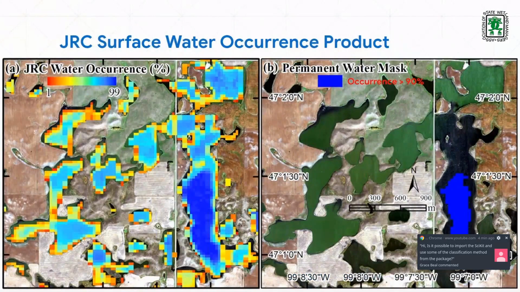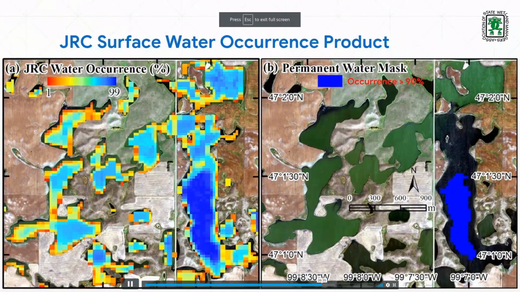Here are some images of what the JRC product looks like. On the left side is the water occurrence, showing, for example, the past 35 years, with pixel colors ranging from red to blue, so you can see the gradient. Blue represents pixels detected more often as water during those 35 years, and red represents lower frequency.